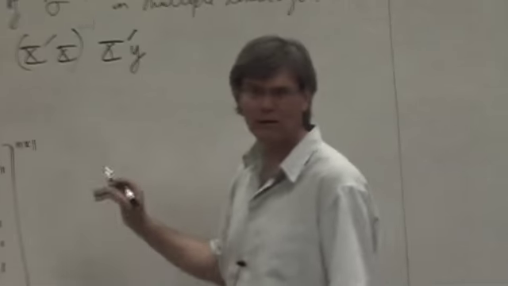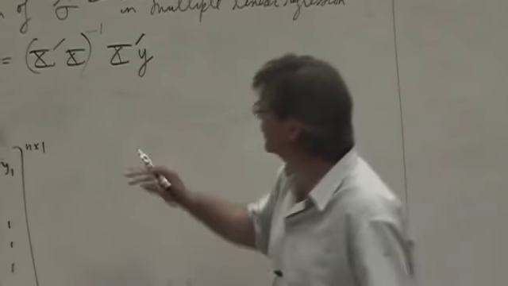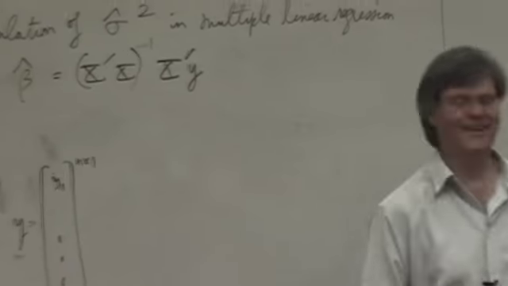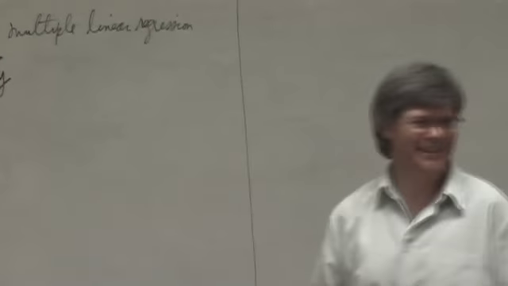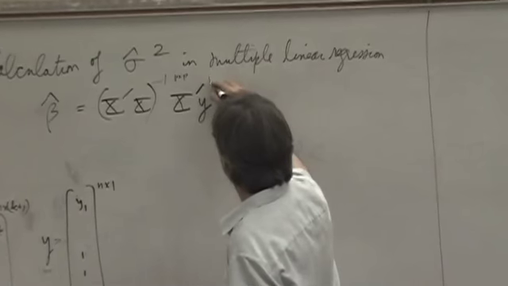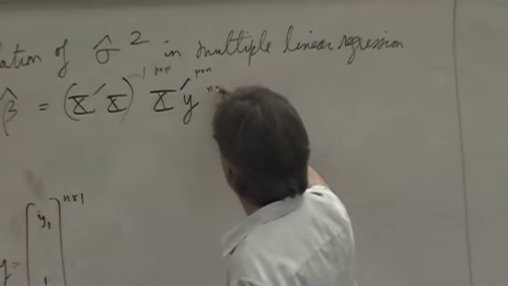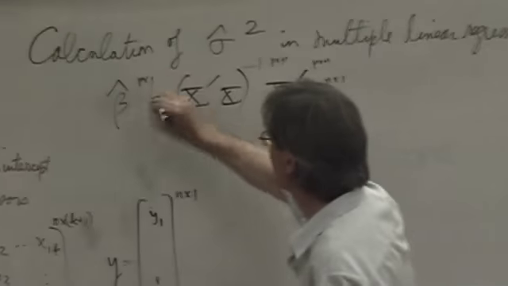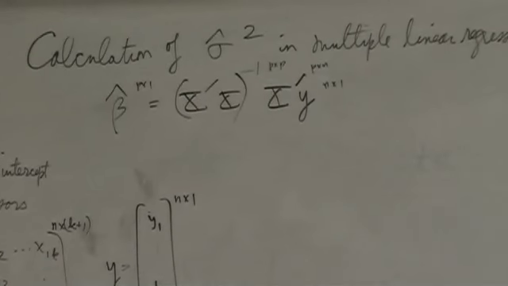Keep your dimensions right. It's like keeping your physics units right, in order to keep straight track of the formulas. So this is a p by p, this is p by n, and this is n by 1. So that gives you a p by 1 when you multiply it out. Keep track of these formulas.